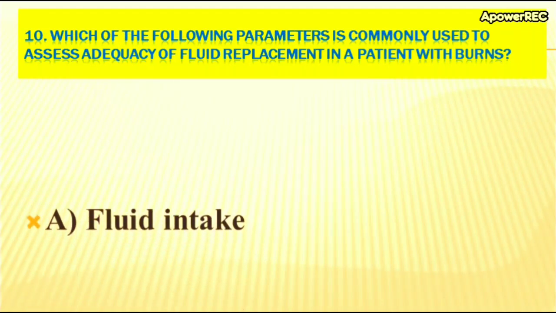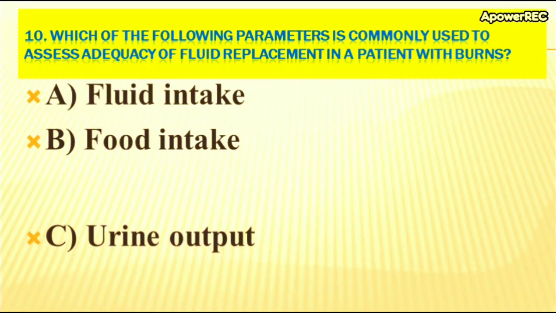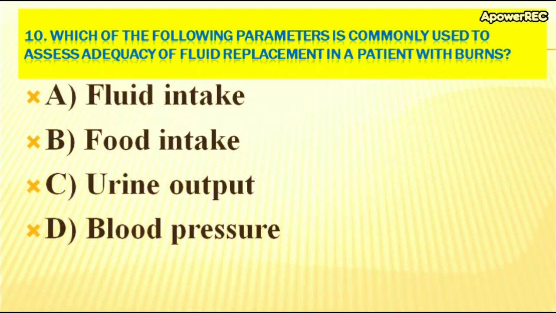Which of the following parameters is commonly used to assess adequacy of fluid replacement in a patient with burns? Fluid intake, food intake, urine output, blood pressure. Correct answer is urine output. Urine output is the most commonly used parameter.